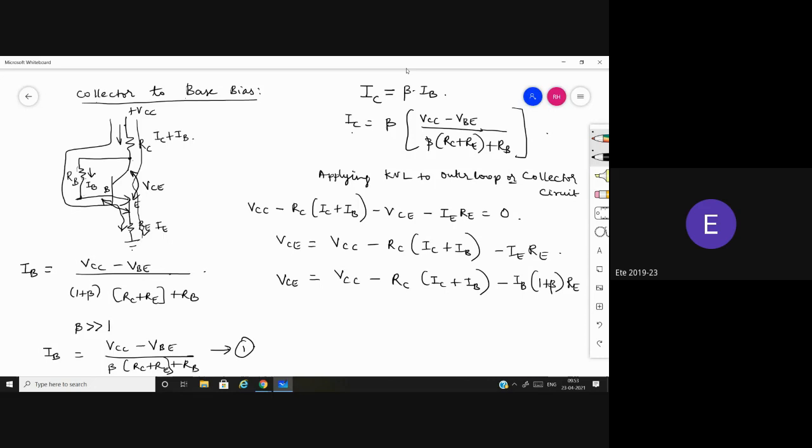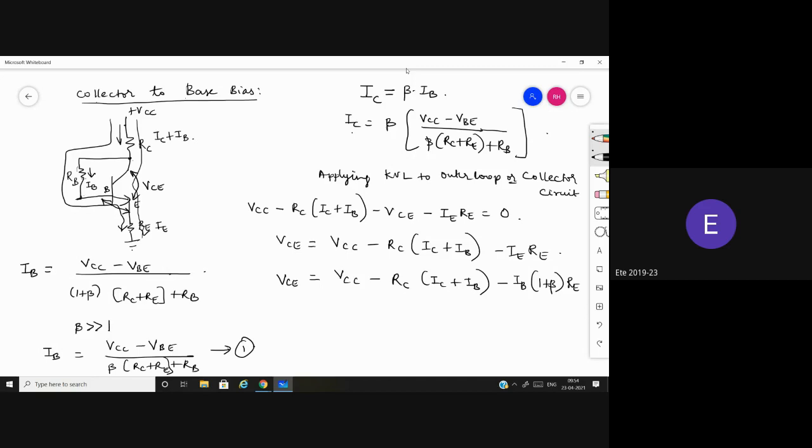Also, since we are using a single resistance, that is base resistance RB, the base voltage might not be fixed. If there is any fluctuation in RB, then there will be fluctuation in the base voltage. When base voltage fluctuates, we have fluctuation in the base current, which leads to fluctuation in the collector current.